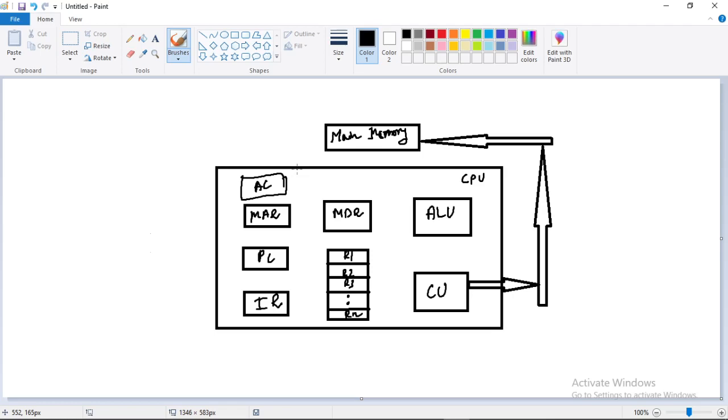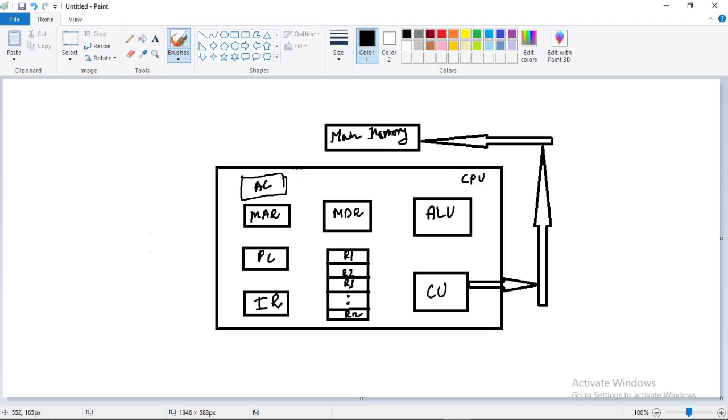Suppose your program contains 10 instructions, and at the current time you are executing instruction 5. Instruction 5 is getting executed by the CPU at present. So the program counter will hold the address of instruction 6, that is, where instruction 6 is located in the main memory, the RAM.